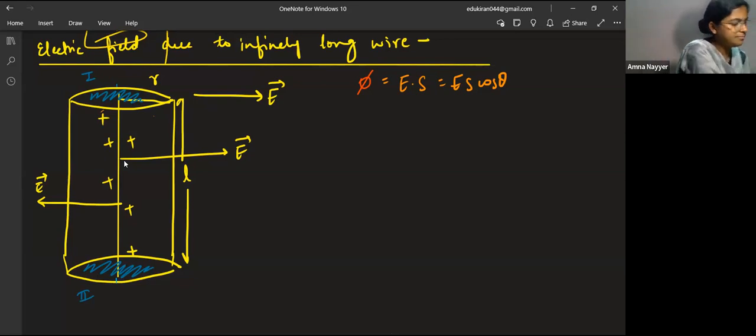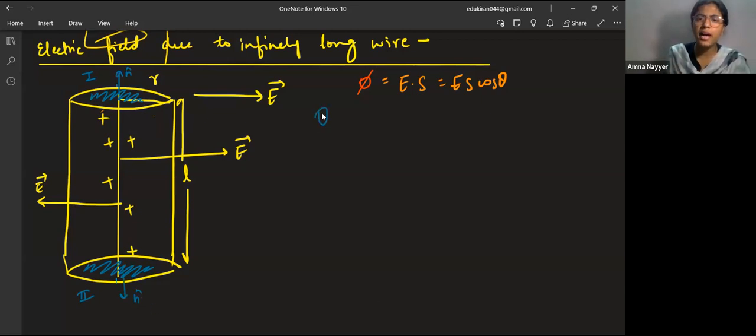This is how we draw a cylinder. This part is the curved surface area. The top and bottom are the flat circular ones. If you take the area vector n cap upwards and downwards, this vanishes because theta is 90 degrees.